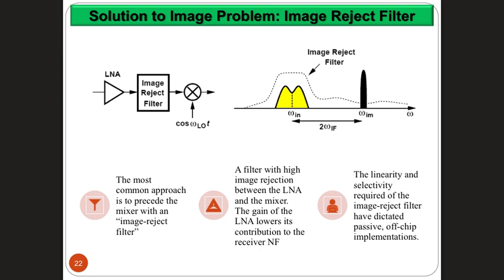And the image reject filter is required to be, rather than being extremely selective, more a type of filter that requires more linearity and less attenuation. Typically, the design of those image reject filters is done outside the chip using passive components. They cannot be inside your RF chip in most practical implementations.